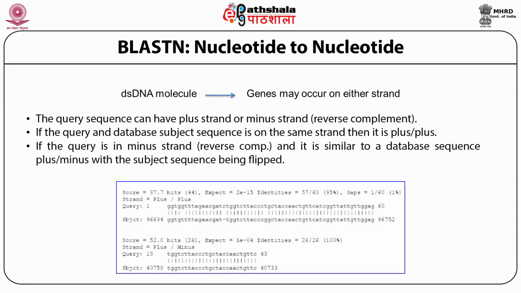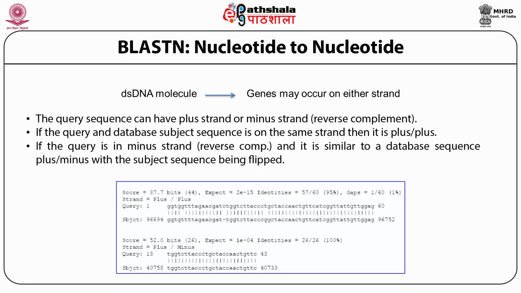So let's take an example, BLASTN. That means you are taking a query sequence as nucleotide and you are searching against the nucleotide database. You take a double stranded DNA molecule that may occur on either strand. That means the gene can be from 5' to 3' or 3' to 5', that means reverse complement.